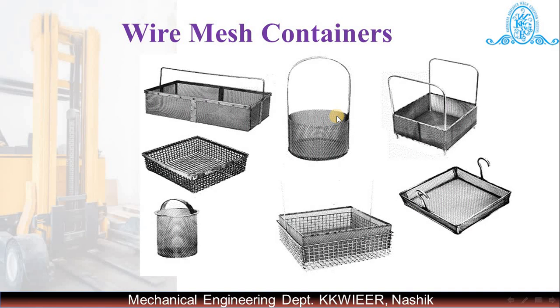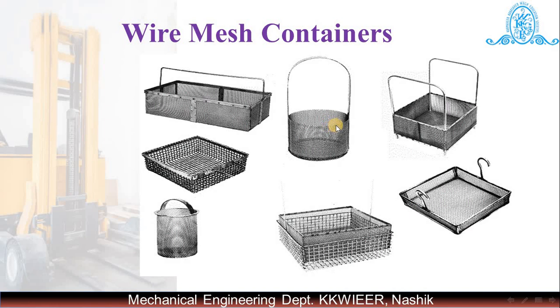So in many applications wire mesh containers are preferred. Why? There may be a few reasons. They are self-cleaning type containers, because if any liquid material falls on this type of container, usually it will drain out. Or when different parts are dropped into this type of container, there will be less noise compared to solid containers.